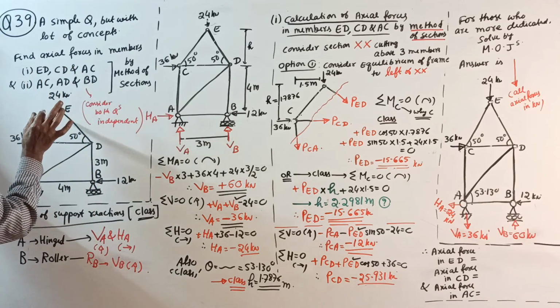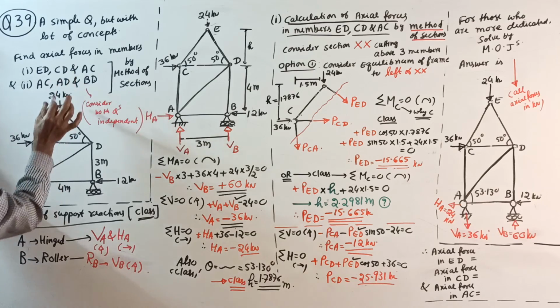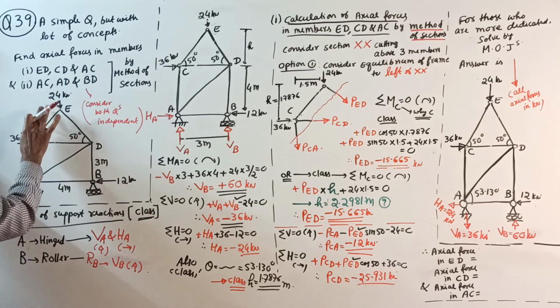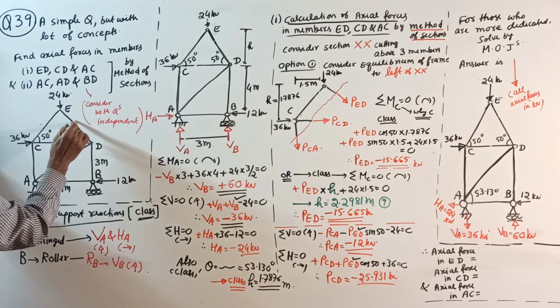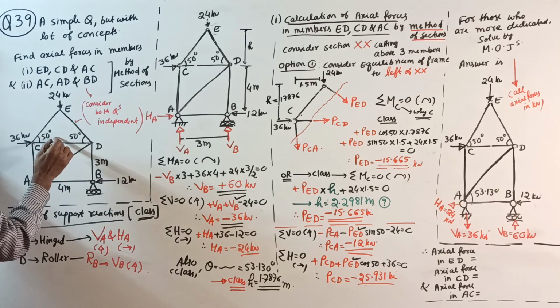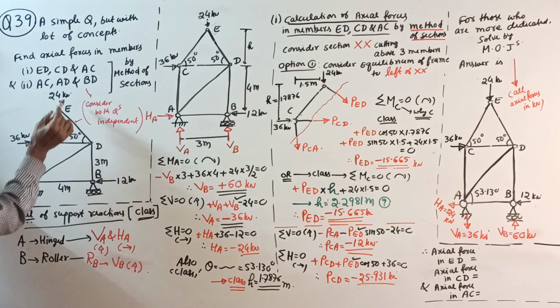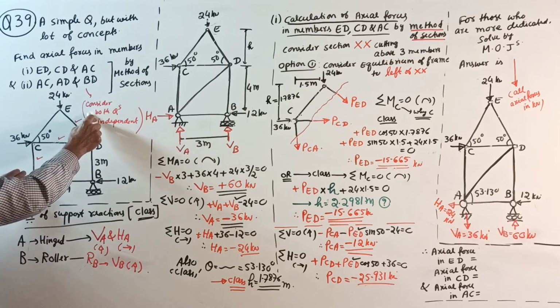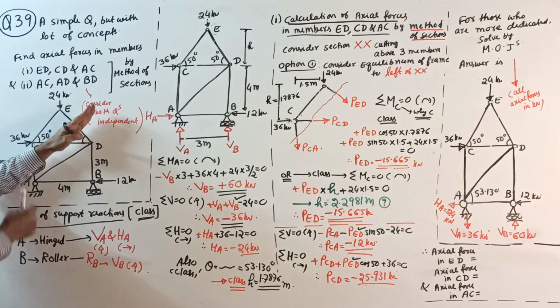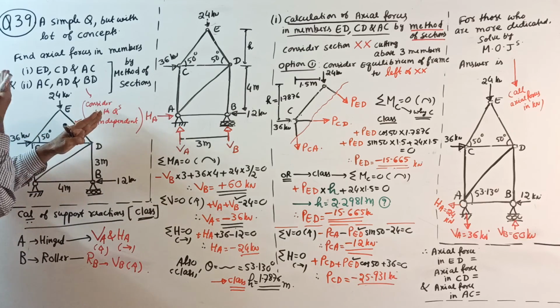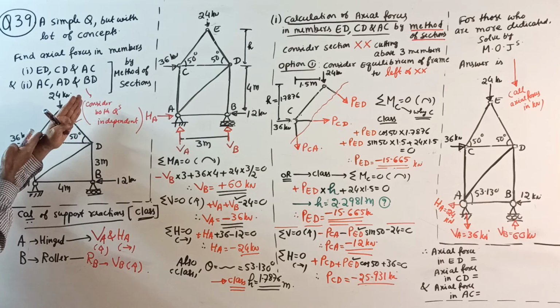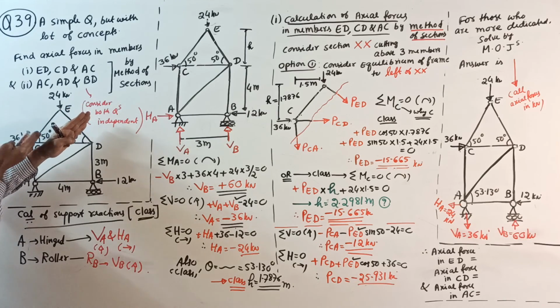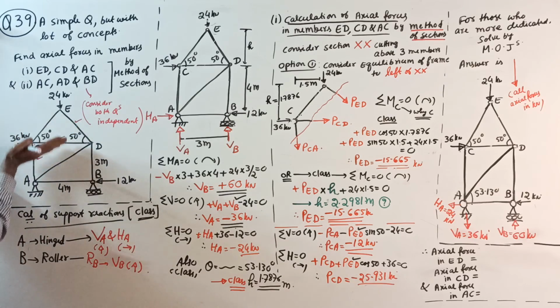One question is EC, ED, CD and AC. Okay, this one. Suppose you are going to cut like this. Suppose you look at the upper side, left and upper side.